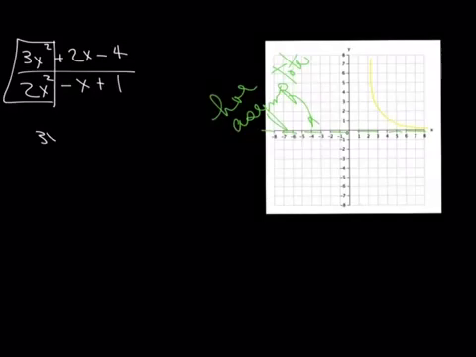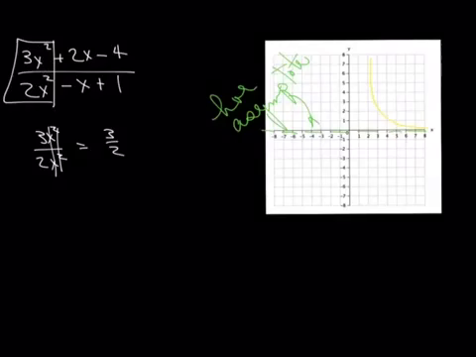So 3x squared over 2x squared, those cancel, so my horizontal asymptote is 3/2. Not too difficult, is it? Okay, but it only works when the degrees are the same.